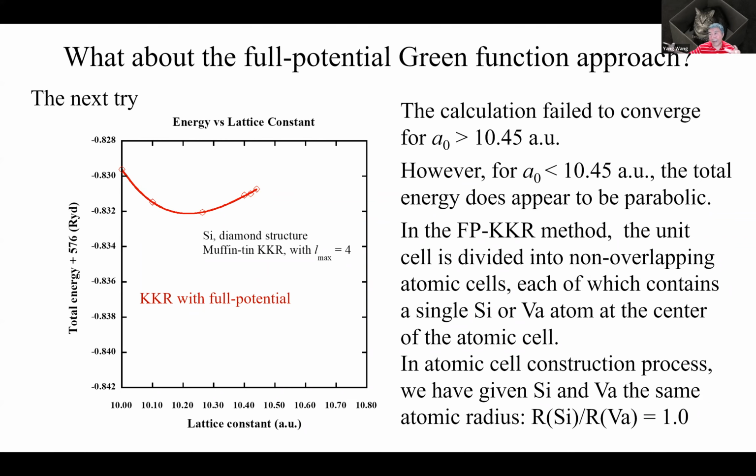A heavy atom has more electrons, so you should give them more space to breathe, right? So certainly this process has issues. Keeping silicon and the virtual atom the same size is certainly not appropriate.